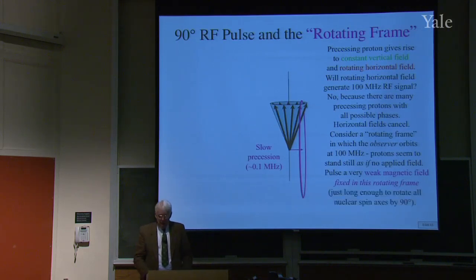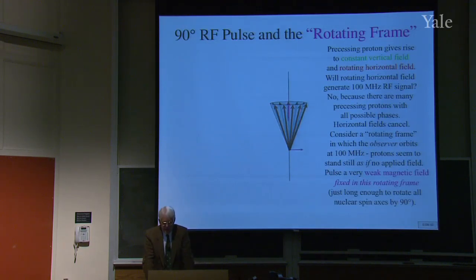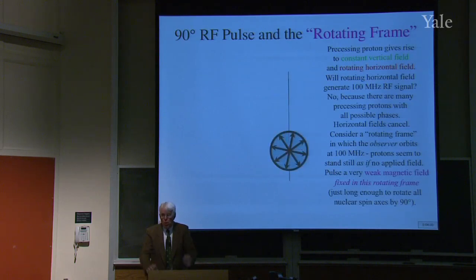Okay. But how long do we do it? How long do we put this field on? Just long enough to make them go 90 degrees, like that. So now they're pointing out toward us, like this, right? But in truth, they're not statically pointing out toward us. They're going around at 100 megahertz because we're going around at 100 megahertz, right?